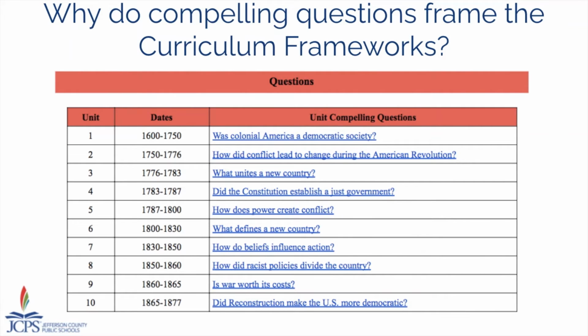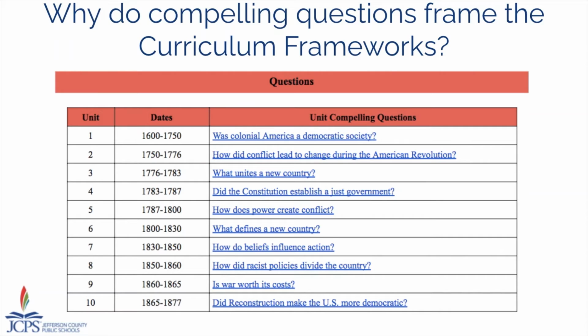Here we see then, on the actual frameworks themselves, a breakdown of the compelling questions, each of them linked to the unit below. You'll note as well that oftentimes we try to sequence our compelling questions in a way that we think makes a lot of sense. In this one example, and it's not true for all, you can see that students are beginning the year looking at was colonial America a democratic society?